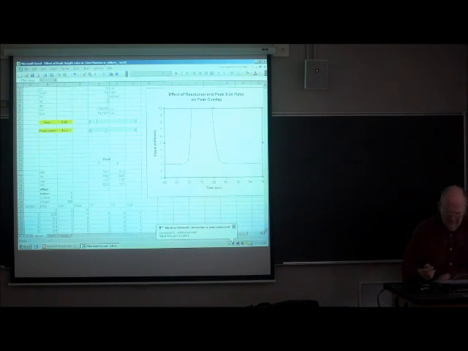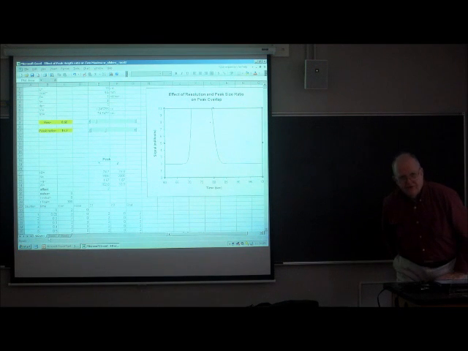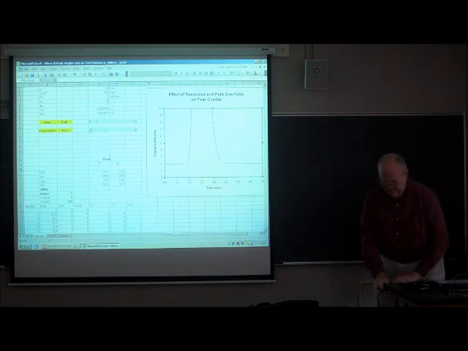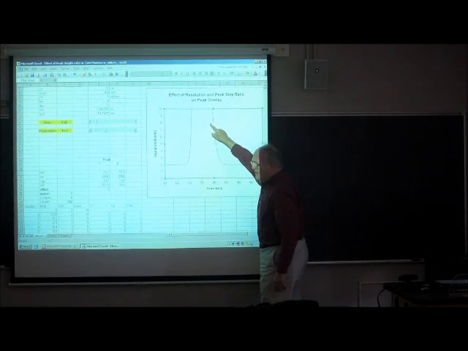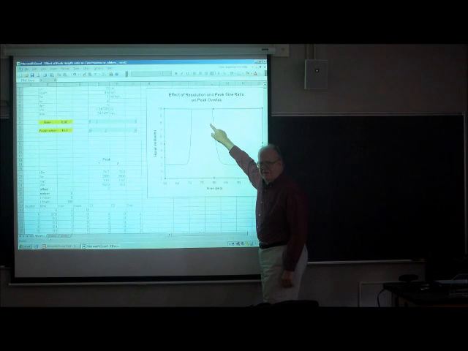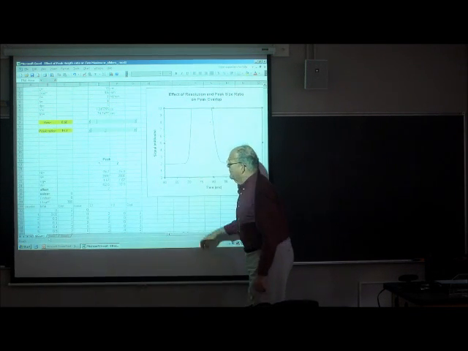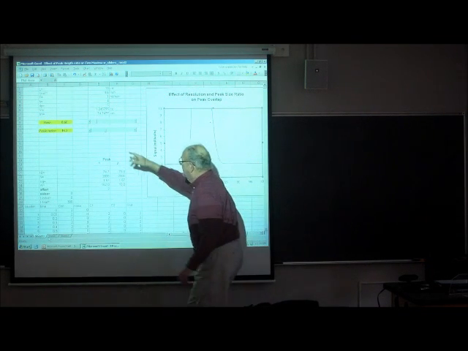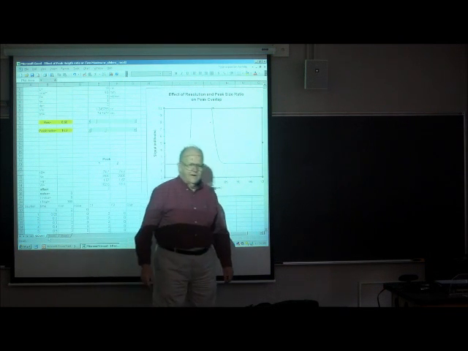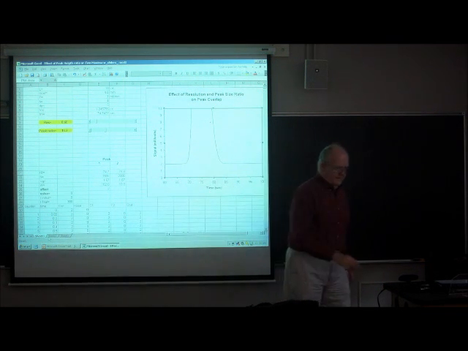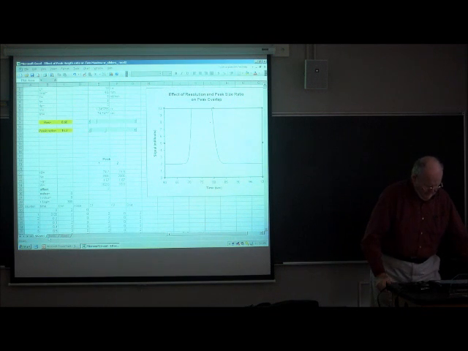Okay. Oh, this takes it out of the mode where I can write on the screen. Excel doesn't support writing on the screen. And I didn't bring my laser. But there's the second peak. Stands right out, doesn't it? Now, I've given you a very miserable situation to deal with here because the resolution is only 0.6 and the big peak is 16 times the size of the small peak. 8 times.